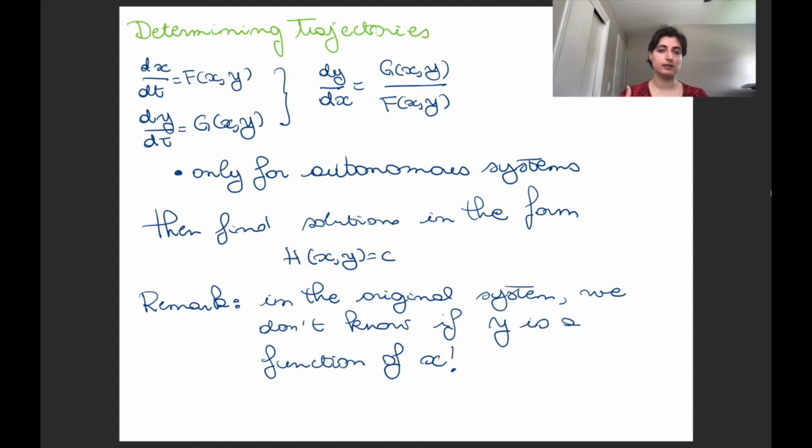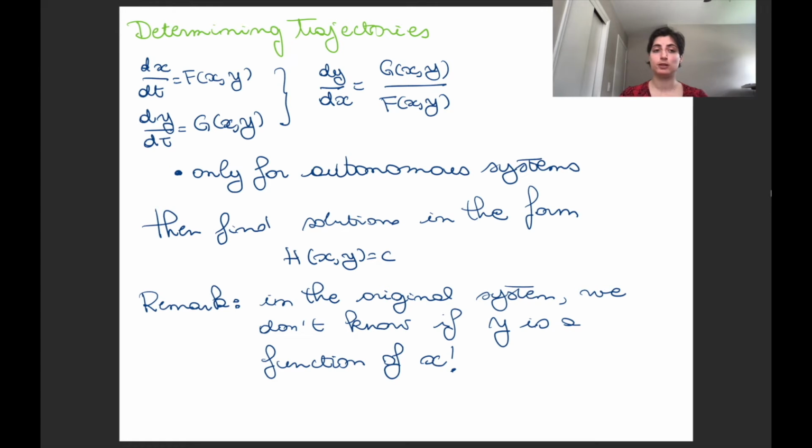You have to be a bit careful because we have taken the assumption that y can be written as a function of x. So if we solve explicitly dy over dx equals g over f, we are assuming that y is a function of x. That is not necessarily the case. So you have to be a bit careful about that.